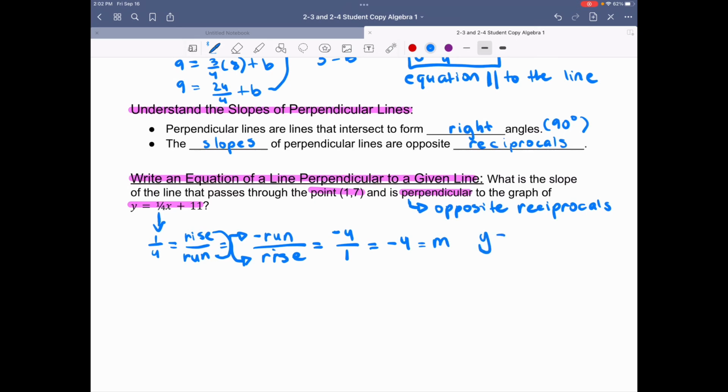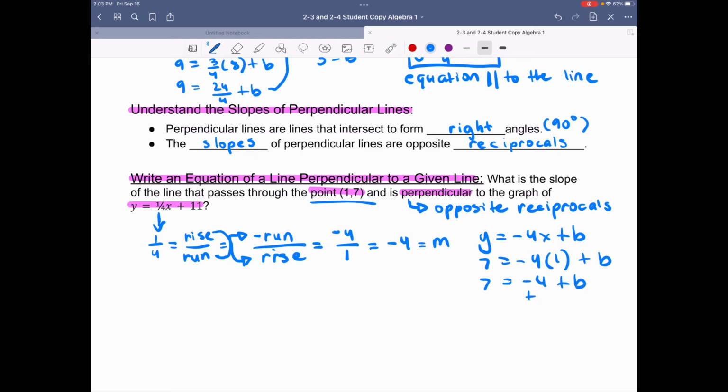We say y equals minus 4x plus b. We still need to look for our y-intercept, the b, and we can do that by plugging in the point. We can plug in 7 for y and 1 for x. Solve it out. Minus 4 times 1 is minus 4 plus b.